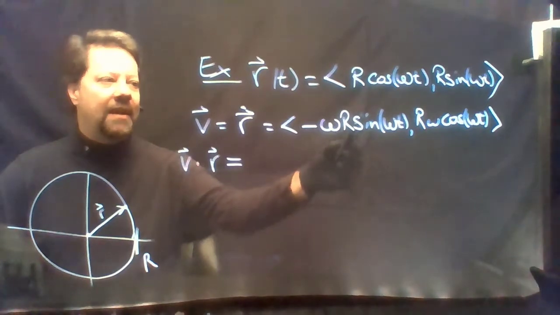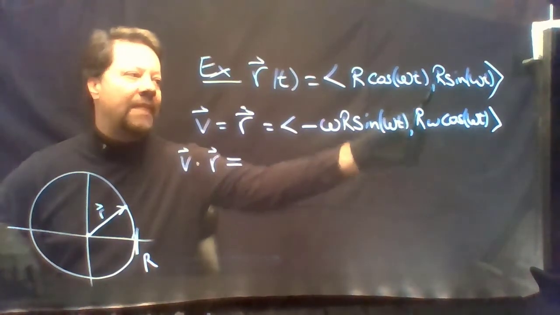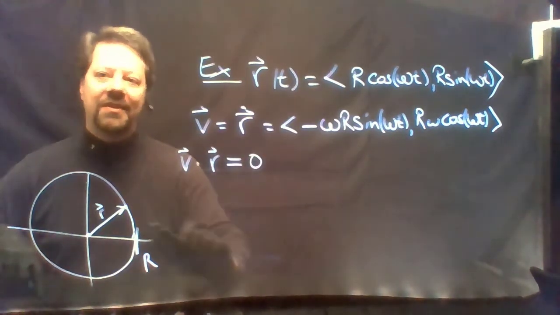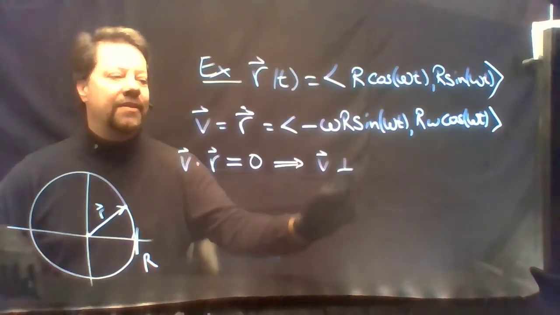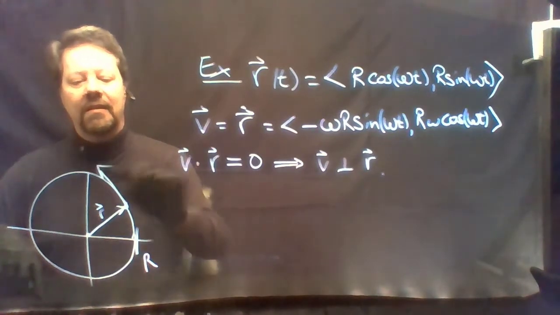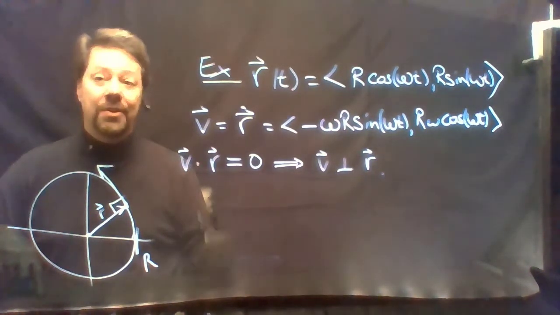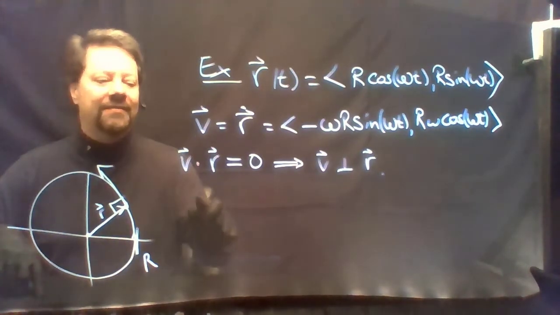If you calculate the dot product, you'll get a minus r squared omega sine cosine, and then a plus r squared omega sine cosine. So the dot product is 0. That implies then the velocity vector is orthogonal to the position vector. They are at a right angle to each other, which should make a lot of sense given your understanding of the geometry of the circle.